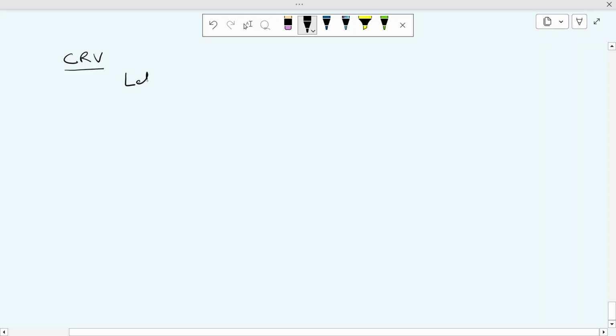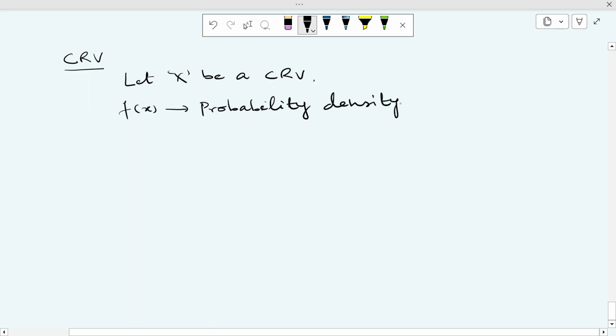So let x be a continuous random variable, and we have a very important function related to every continuous random variable, known as the probability density function, and in short we will call it PDF.